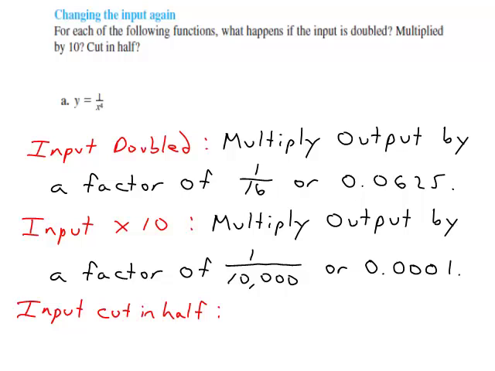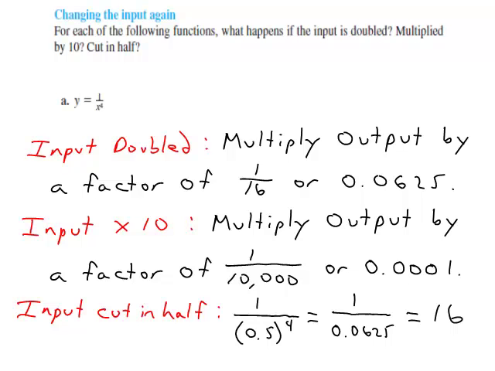Finally, if we were to cut in half our input, then we would have an extra factor of 0.5 that would go in for x. So we would end up with an extra factor of 1 divided by 0.5 raised to the fourth power, which we could rewrite as 1 divided by 0.0625, which if we divided that out, would equal 16.